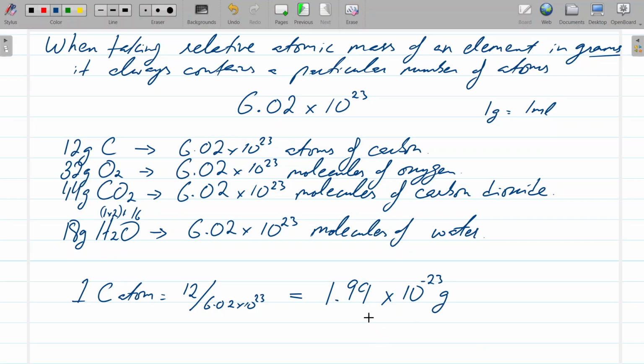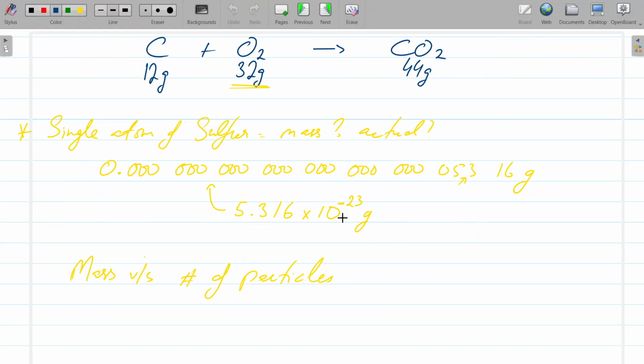And if we look at this value, and we look at the value for an atom of sulfur, and if we take a look at the periodic table, let me just refer to the periodic table, right? And we know that sulfur is element number 16 and has a relative atomic mass of 32, whereas carbon is element number 6 and has a relative atomic mass of 12.